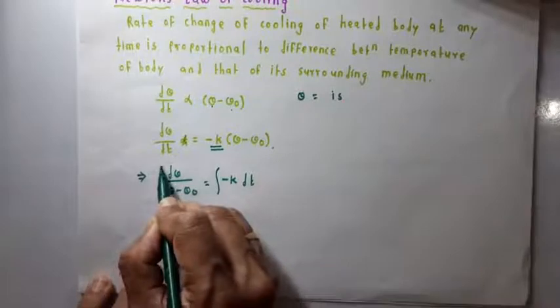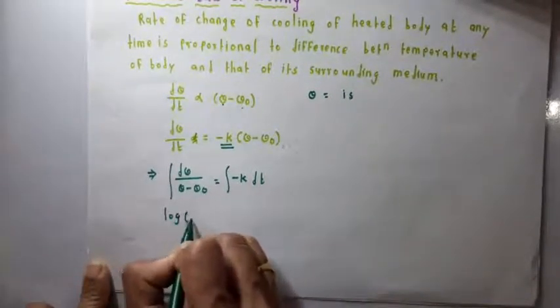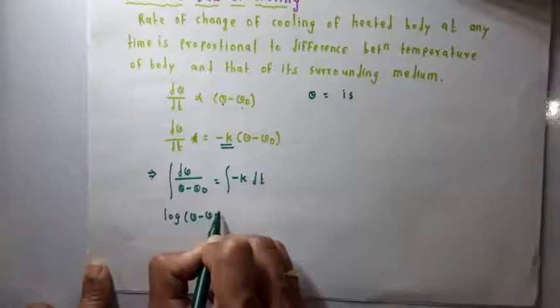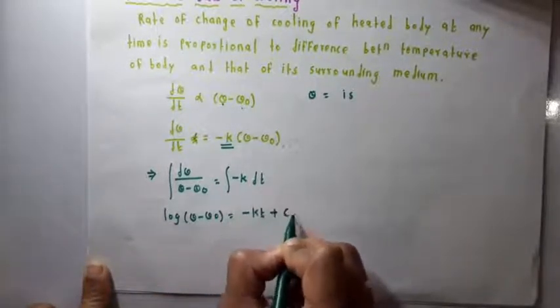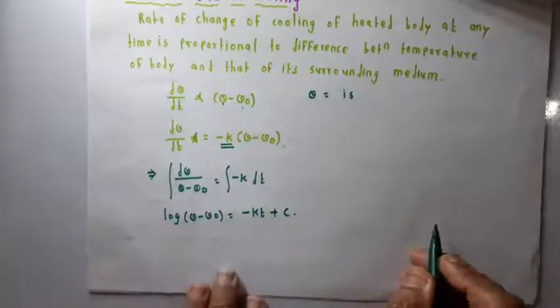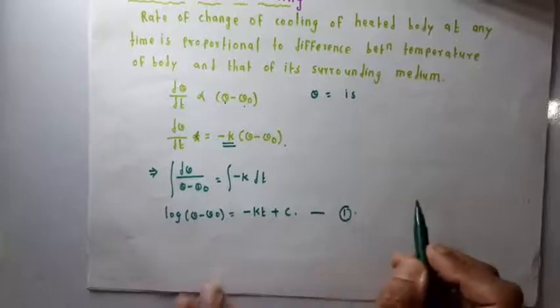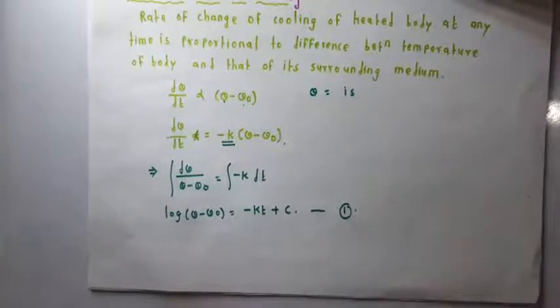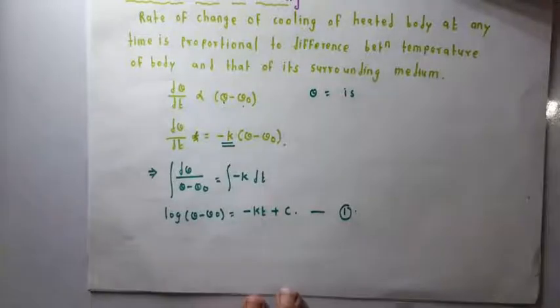Integrating the variable separable form, we get log of (theta minus theta 0) equals minus kt plus constant of integration c. Okay, so this is the required equation, and whatever the word problem is, we put the values in the given equation, and step by step after solving we will get the solution.